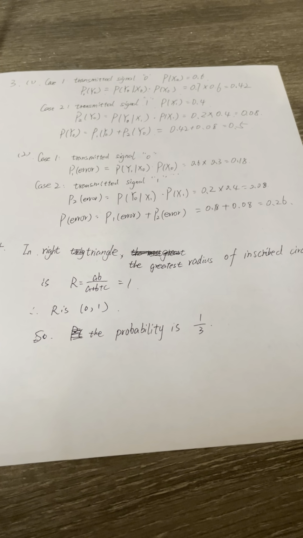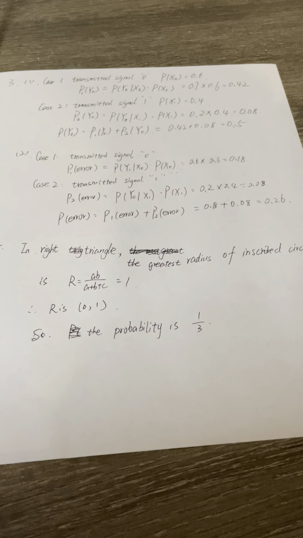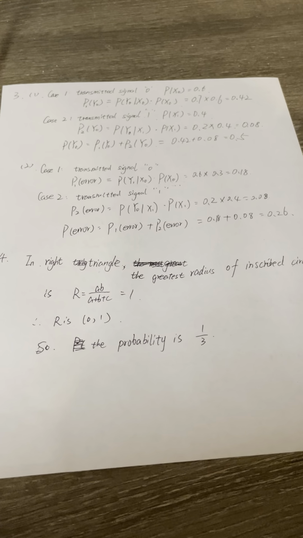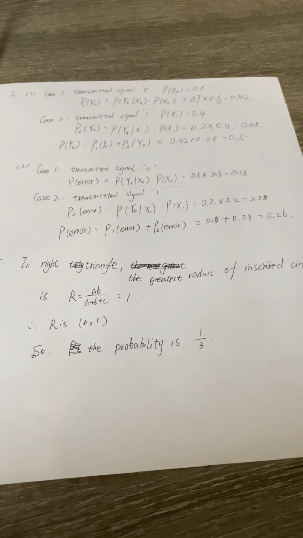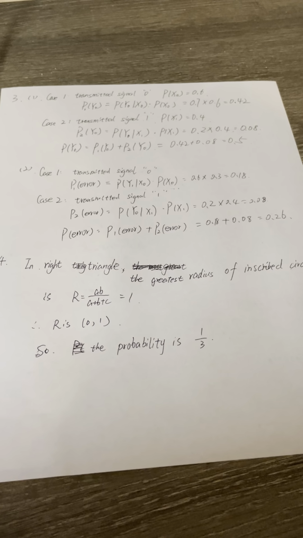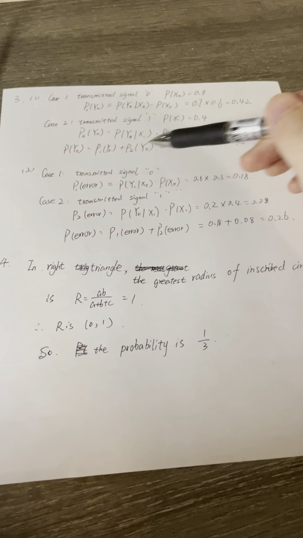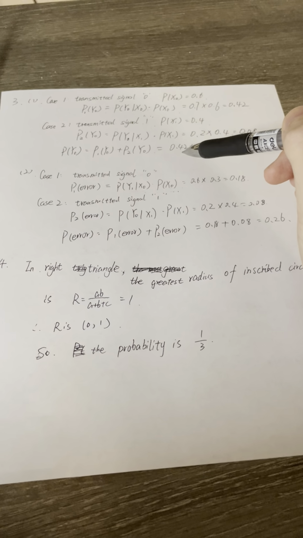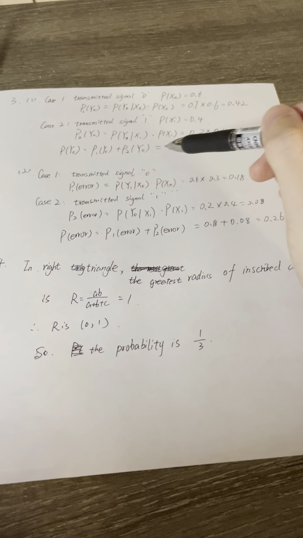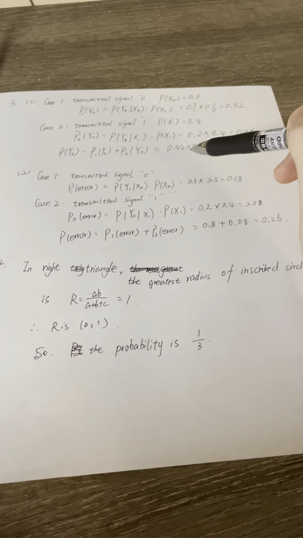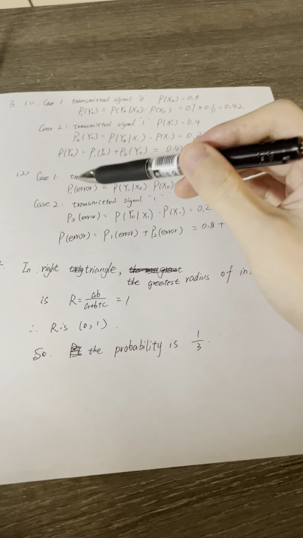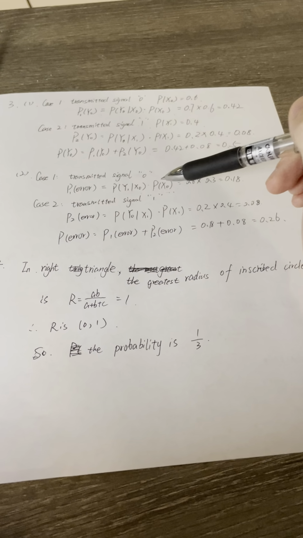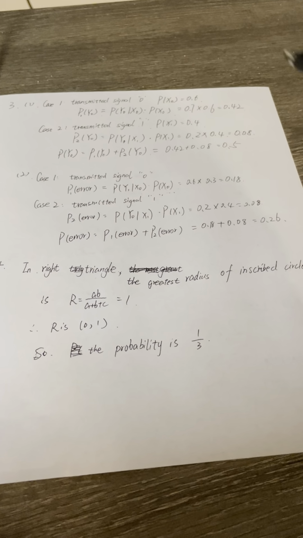In question 2, we need to find the probability of error. It also has two cases. Case 1 is we transmit signal 0 and because of error we get 1, and case 2 is we transmit signal 1 but we get 0.